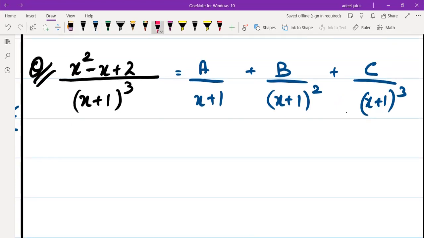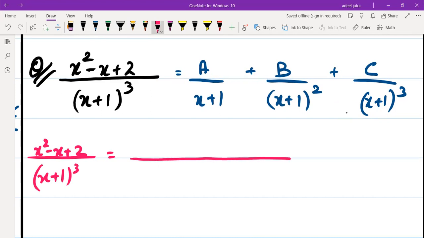So initially, what we do is write down x square minus x plus 2 as x plus 1 to the cube. Your LCM for the entire question will remain the same as x plus 1 cube.